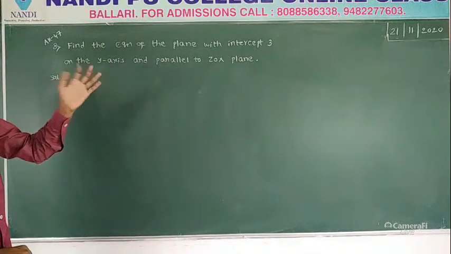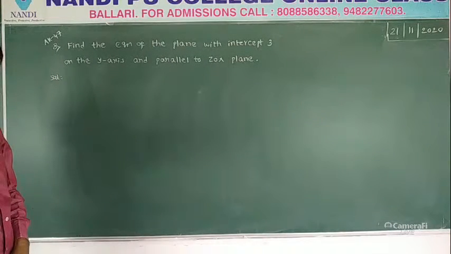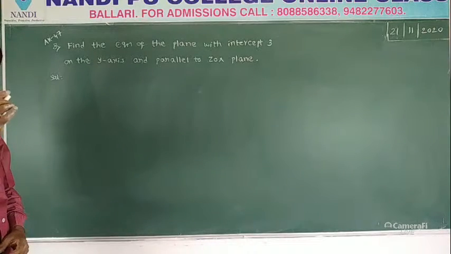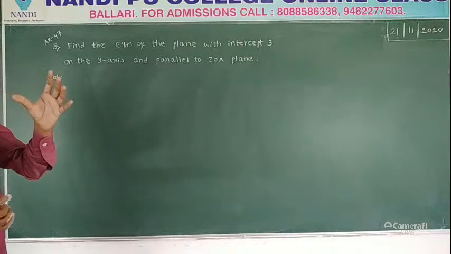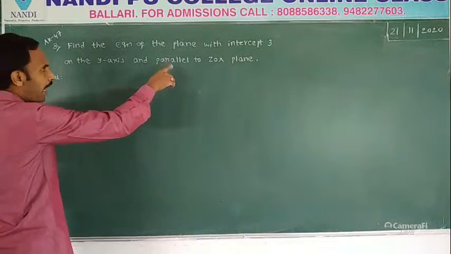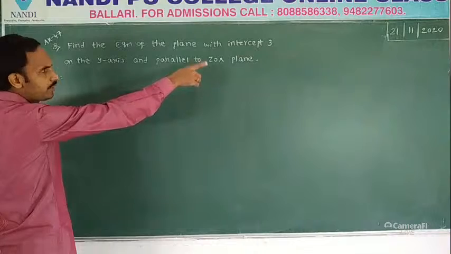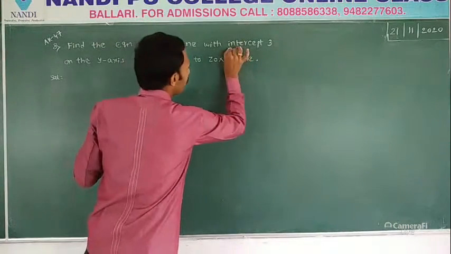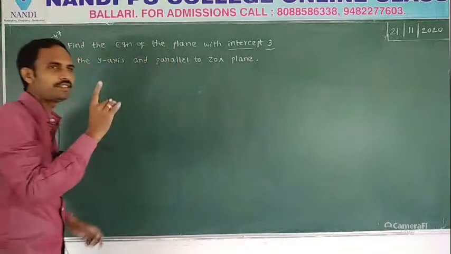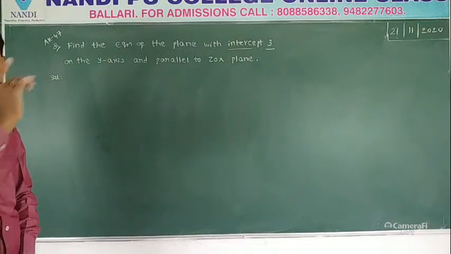We are going to find the equation of the plane with intercept 3 on the y axis and parallel to ZOX plane. The required plane is parallel to ZX plane and making intercept 3 on the y-axis, cutting the y-axis at a distance of 3 units. What is the equation of that plane?